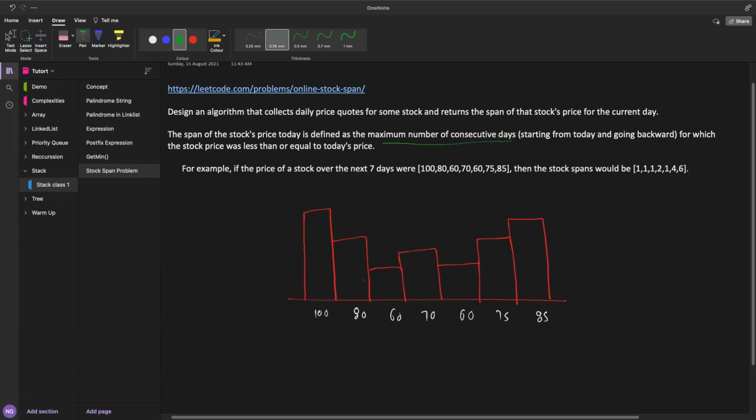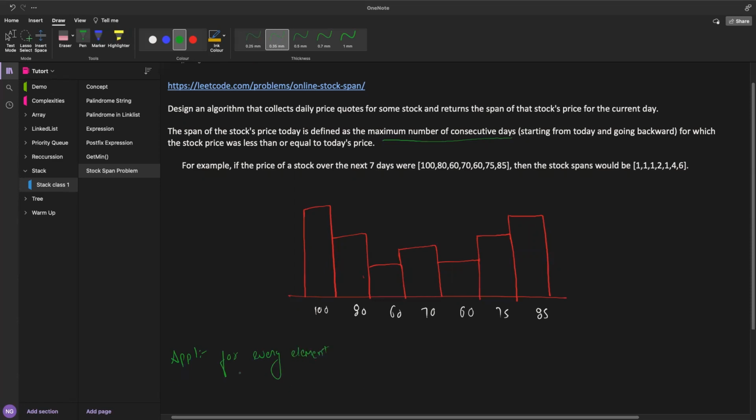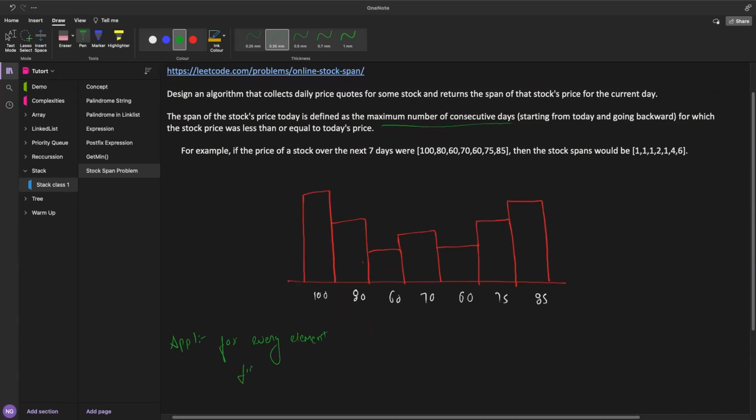Now, how can we solve this problem? One of the very naive approaches to solving this problem is, for every element, we have to find the number of consecutive smaller elements on the left side.